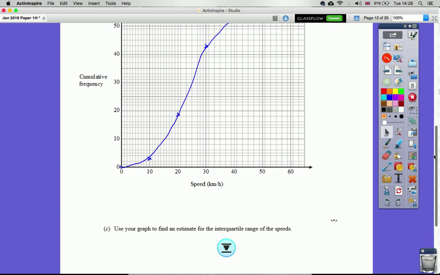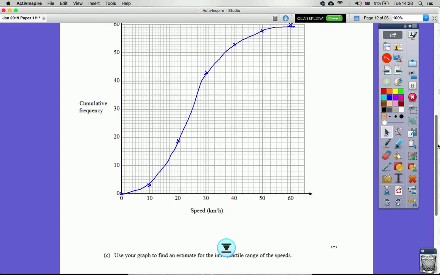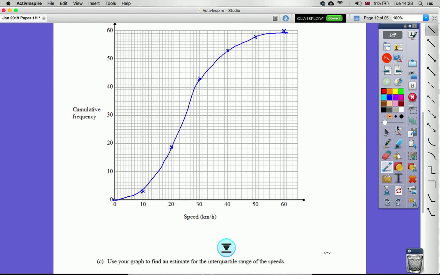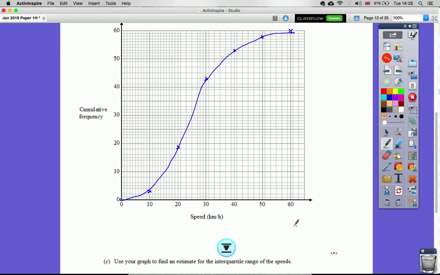Now they're saying use your graph to estimate the interquartile range of the speeds. So let's say we've got 60 values. So the interquartile range will be the 45th value, the upper quartile, or also known as quartile 3, and the lower quartile, quartile 1, is 60 divided by 4, which is the 15th value, right?